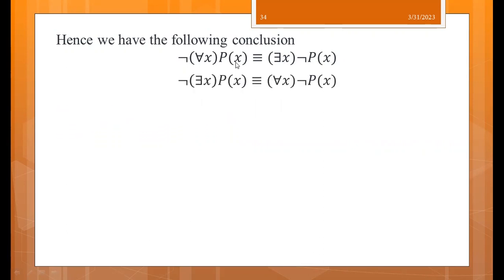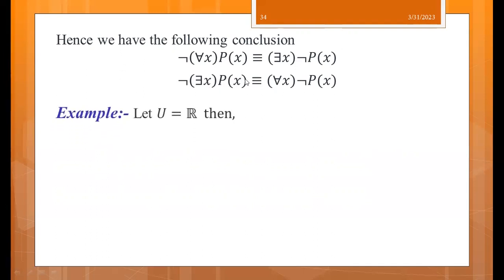Similarly, the negation of for some x p of x is like the first one: the negation of the existential quantifier is replaced by the universal quantifier, followed by the negation of p of x. Therefore, that is the relationship that exists between these two quantifiers.